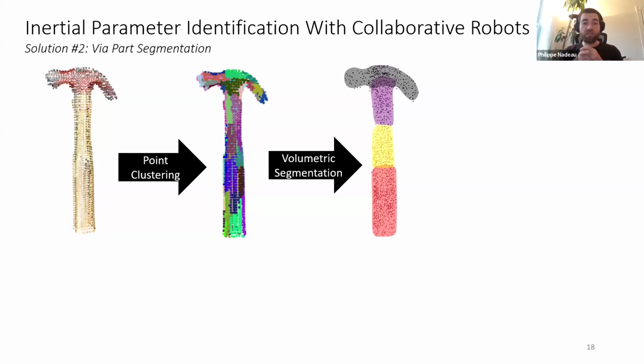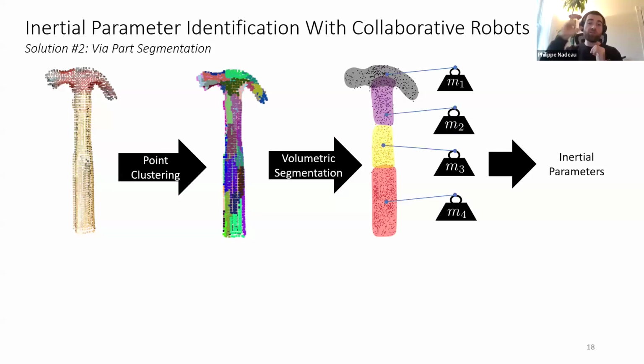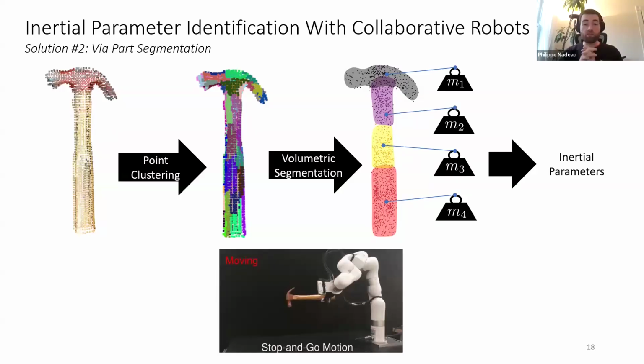By segmenting the object into parts, the problem of identifying the inertial parameters can be reformulated into the one of identifying the mass of each part. And doing so enables identifying all inertial parameters accurately with safe stop and go motions, and with the added benefit of seamlessly dealing with articulated objects.